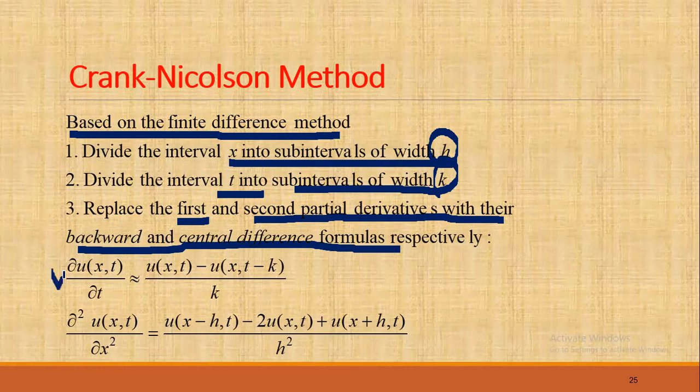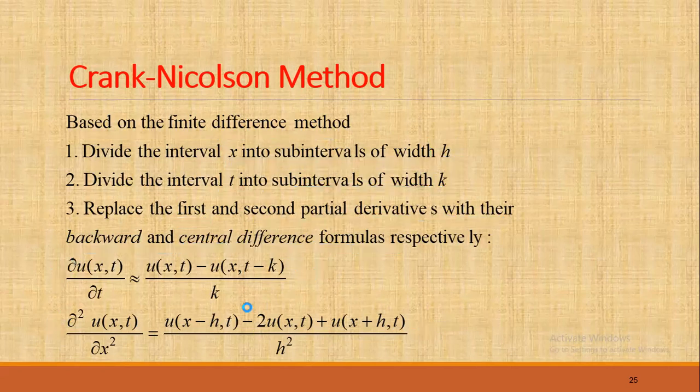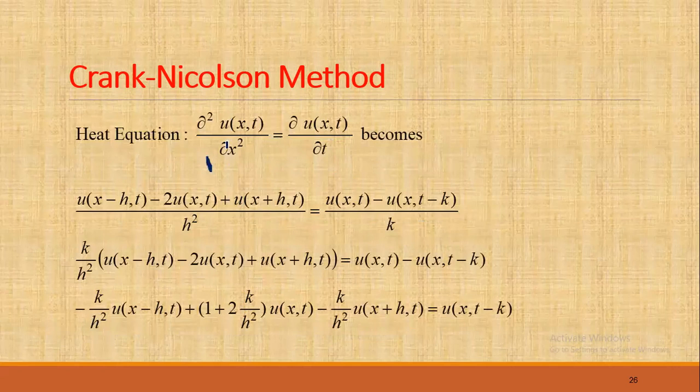So if we use the same heat equation, del U by del T, in that case we use the backward difference, backward time, central space. So this formula can be used for the backward time. This is the second order derivative, central space. We use both approximations in our one dimension equation. So this one and this one, and then we define the form.